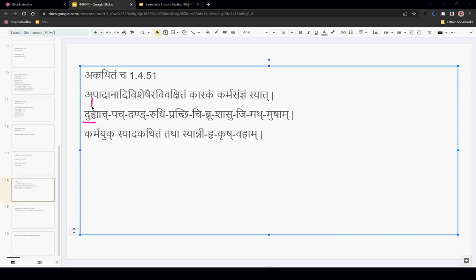Which ones? 1, duha, yacha, pacha, danda, rudhi, racha, chi, gru, shas, 10, 11, 12, Moshe. So these 12 are in this main line.